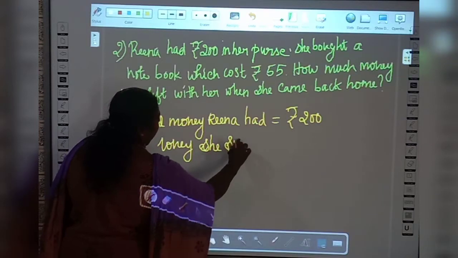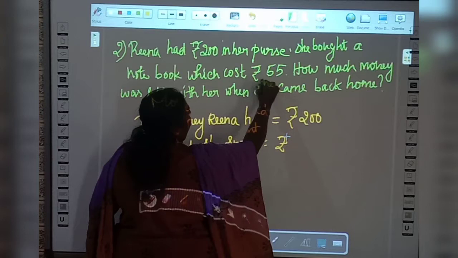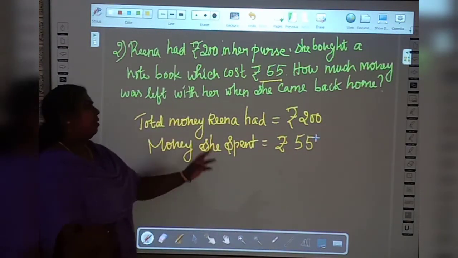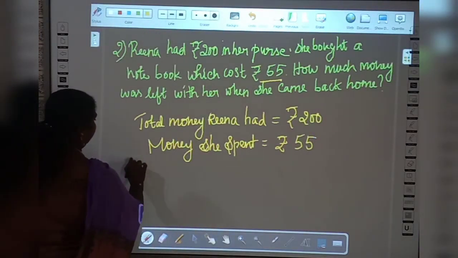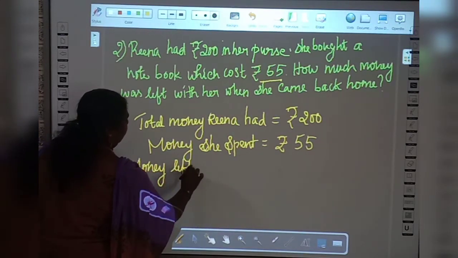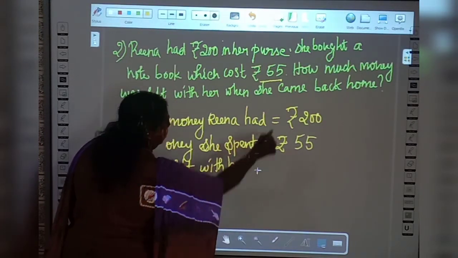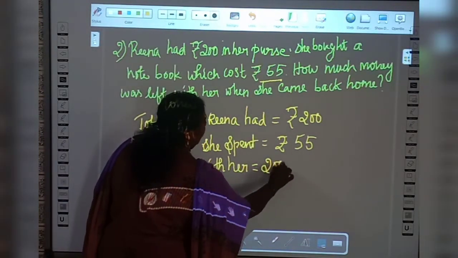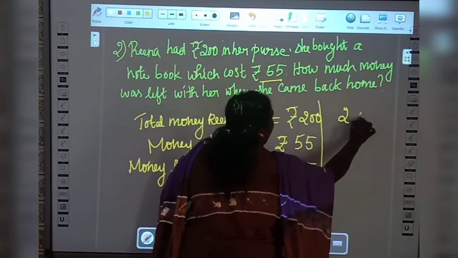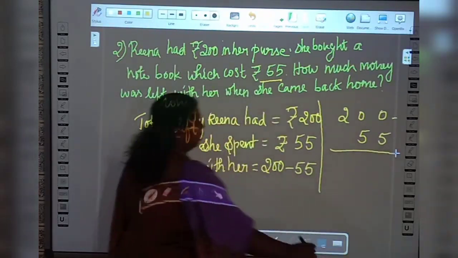She spent rupees 55, isn't it? Yes. Then the money left with her. How much money is left with her? 200 minus 55. Now you subtract 200 minus 55.